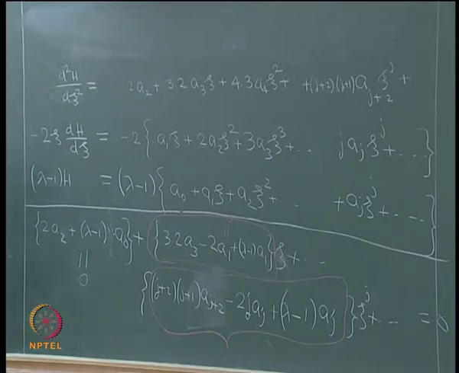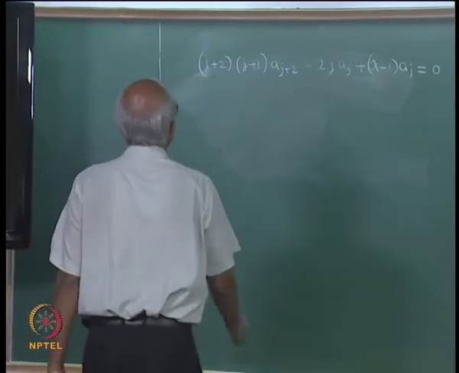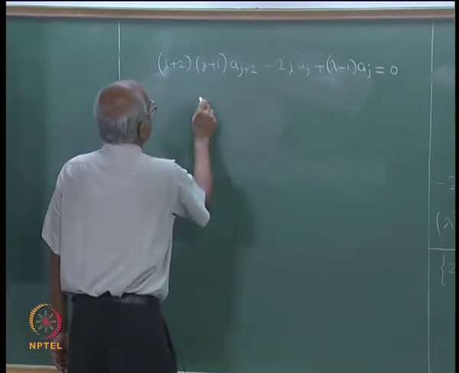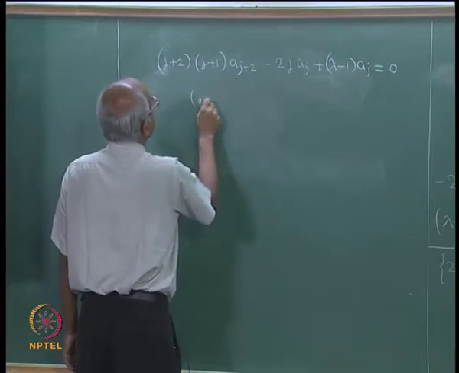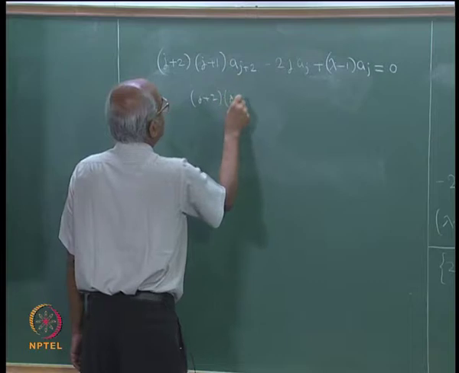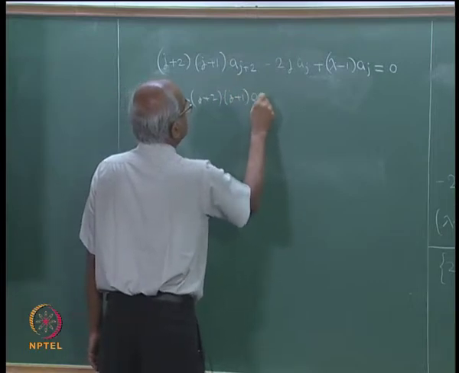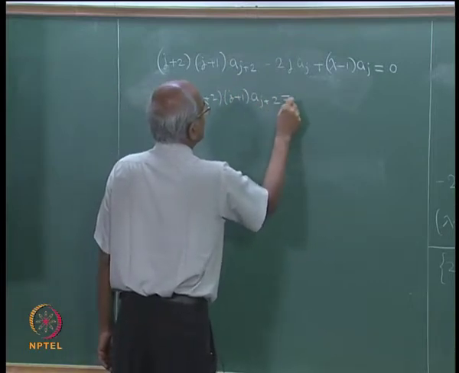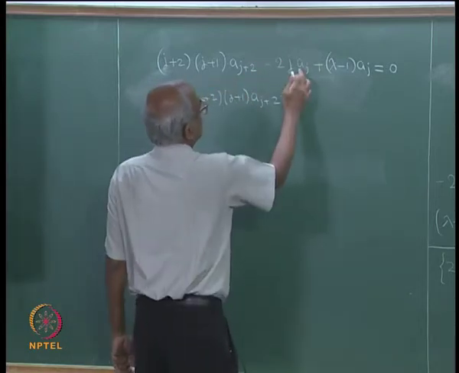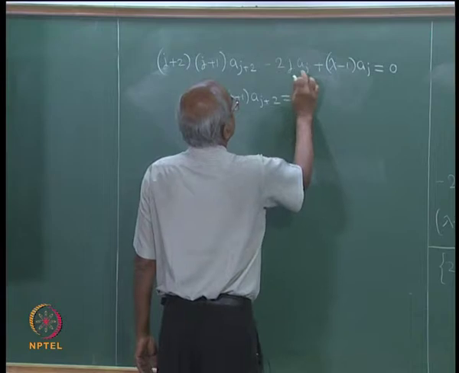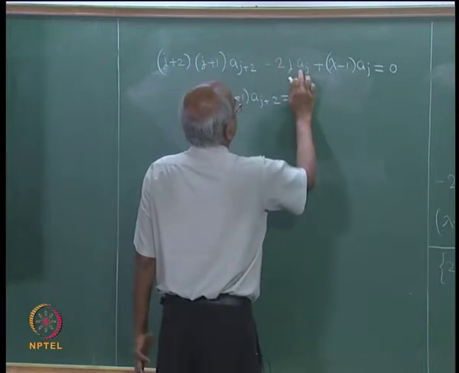that is what it says, and this has to be valid for all values of j equal to 0, 1, 2, 3, etc. Now, we can rearrange this. This means (j+2)(j+1) a_{j+2} must be equal to, I will take these terms to the other side, but you can see that there is an a_j that is common.